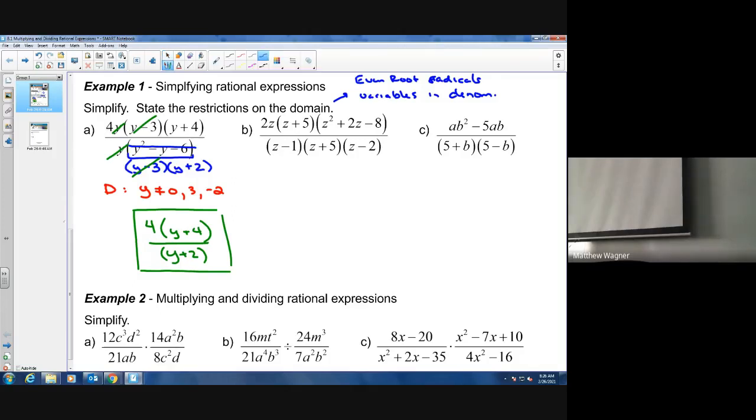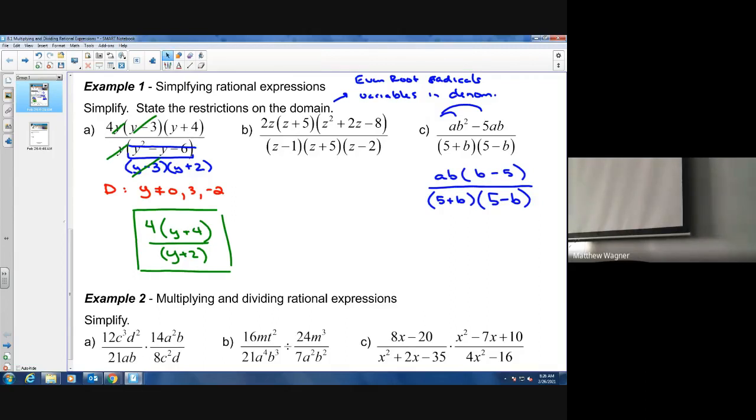As far as the next one goes, we'll skip over B and jump right to C. It looks like the denominator's factored. The numerator I do want to factor. It looks like I can take out a, b, and I'm left with b minus 5. So then we have our fully factored original expression.